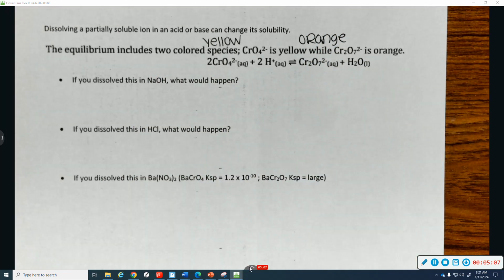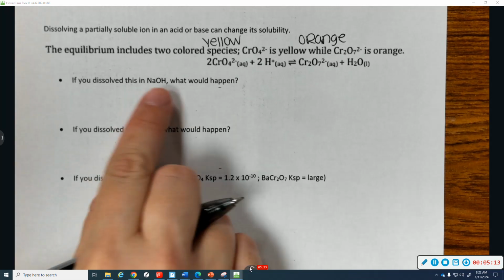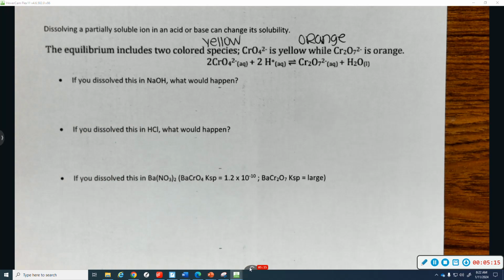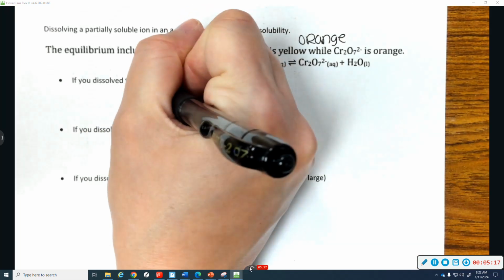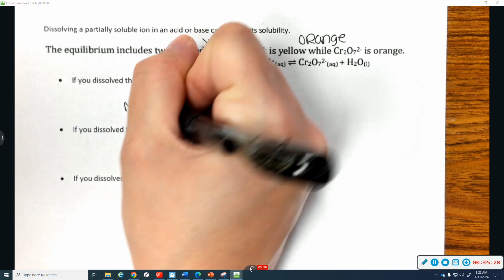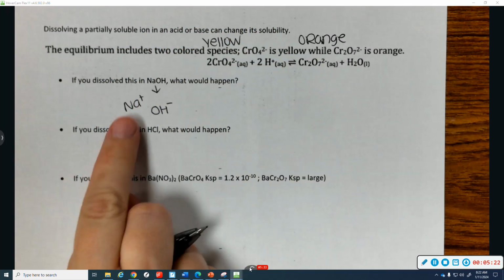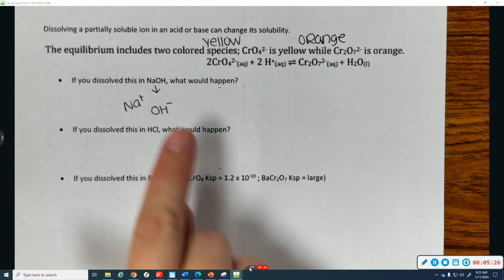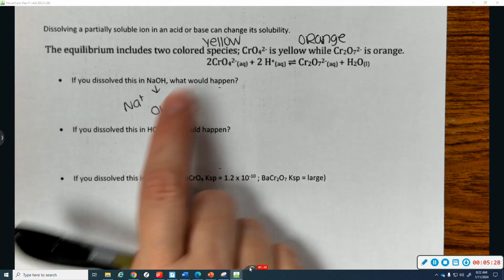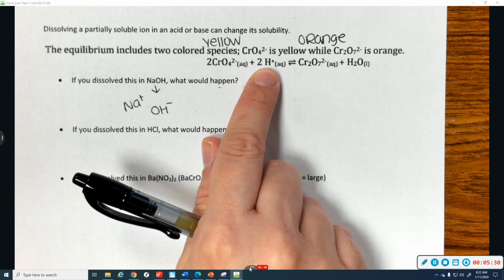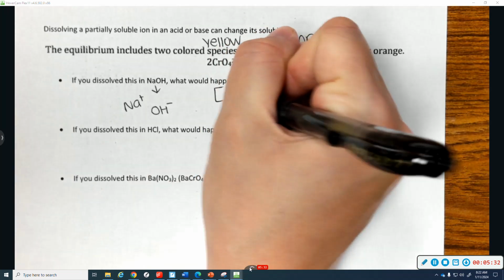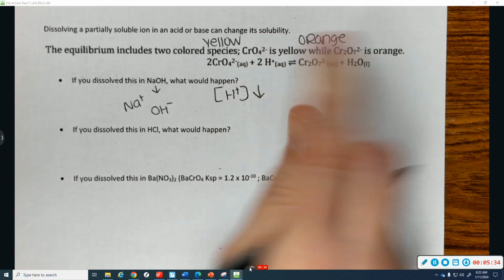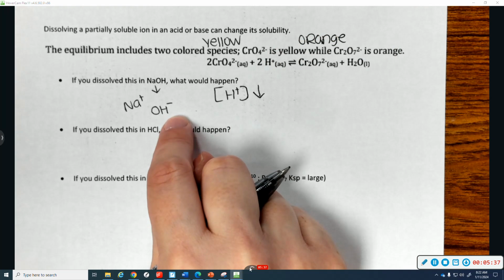So if I dissolved this in sodium hydroxide, what is going to happen? Again, when you read this, you have to recognize that it's a strong base, which means you're adding sodium ions and hydroxide ions. Sodium ions, again, they're totally aqueous. They're never going to do anything. But the hydroxide ions will neutralize the hydrogen ions, which means the concentration of H will decrease because they've been neutralized by OH.